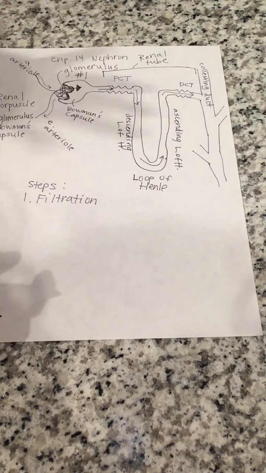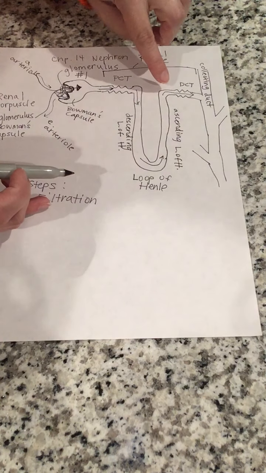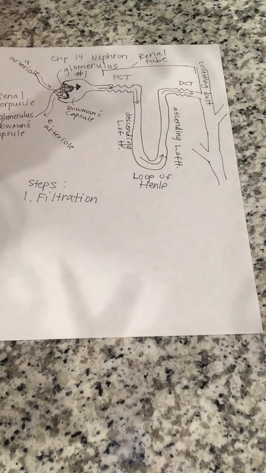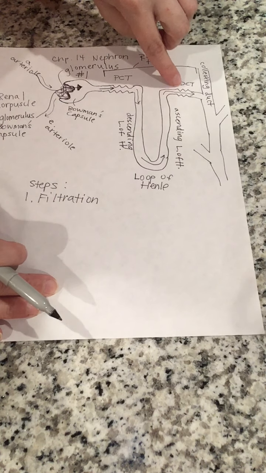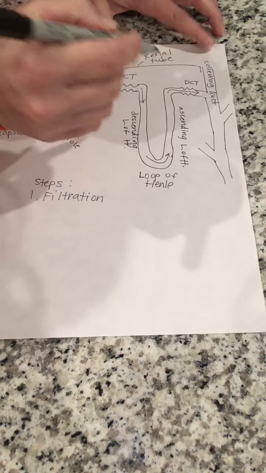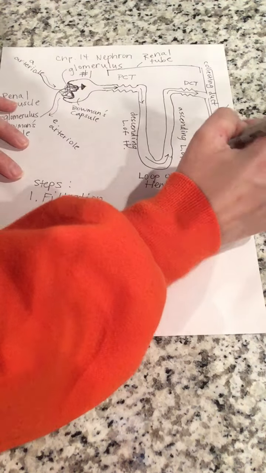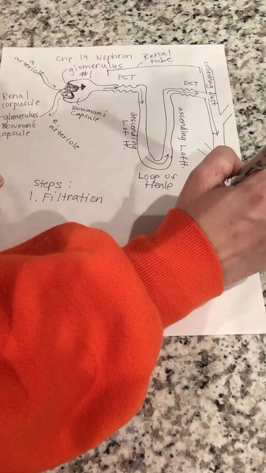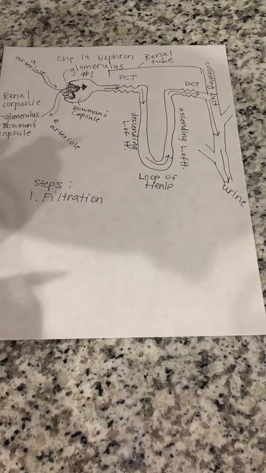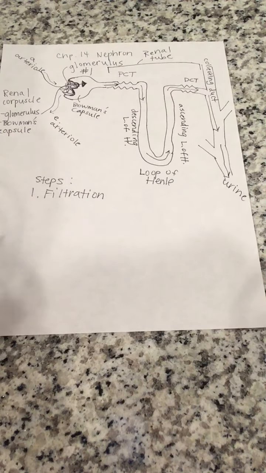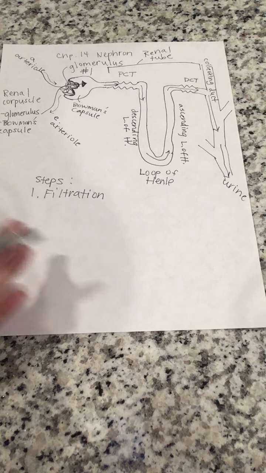Okay, and I'll come right back to that. But nonetheless, if the material makes it all the way through the distal convoluted tubule and all the way through the collecting duct and out towards the bladder, that's when we ultimately call it urine. Before that, it's just the filtrate.